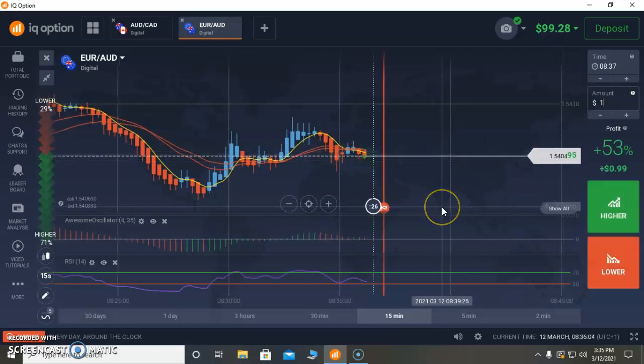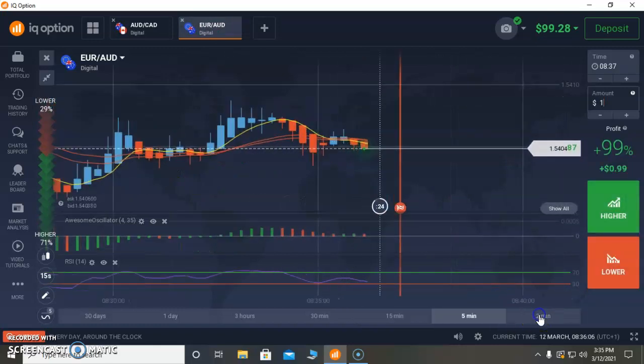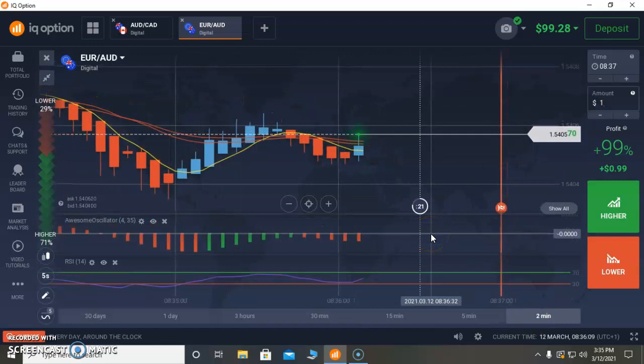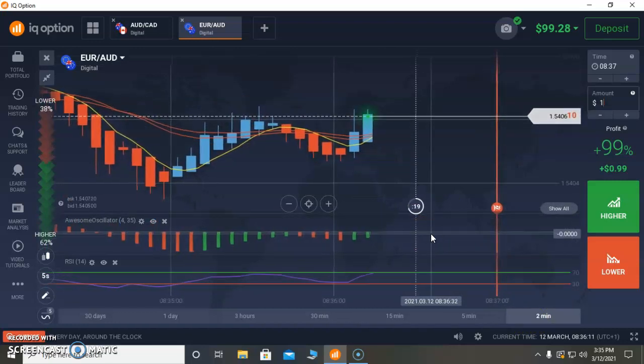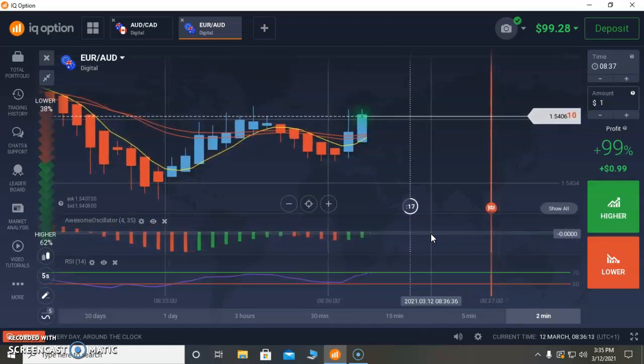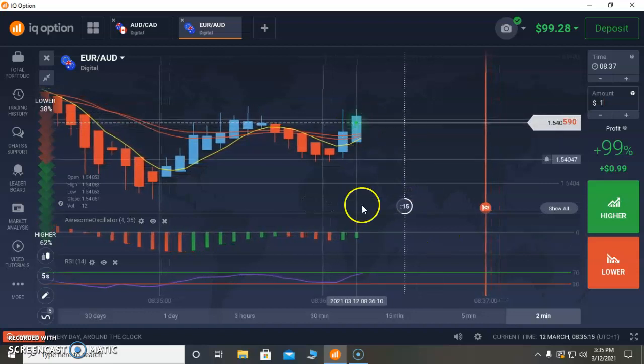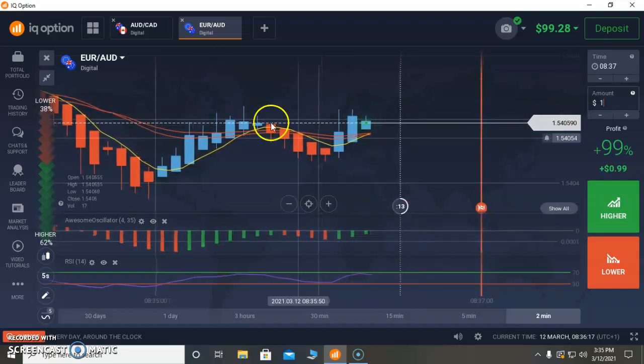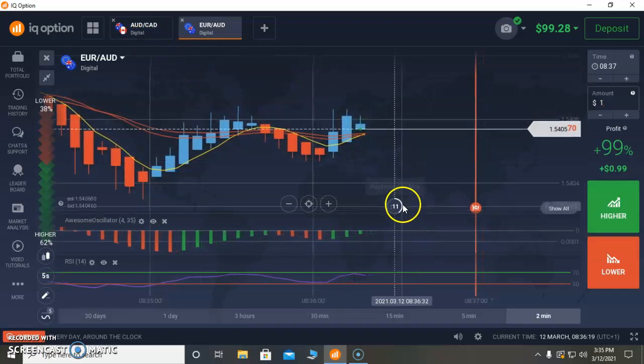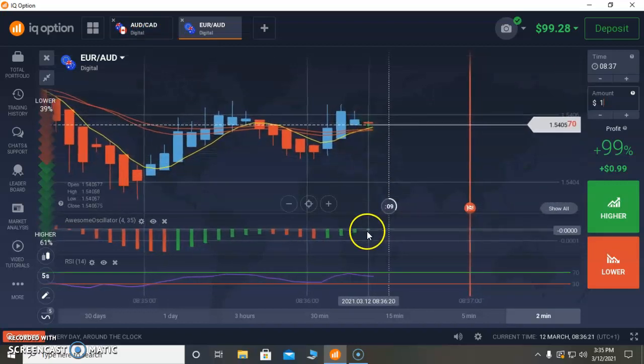Alright, one more. Silip tayo sa 2 minutes pero still lower pa din ito. If mag-signal siya ng red bago maubos yung oras. Red.